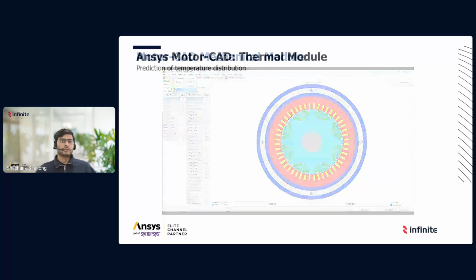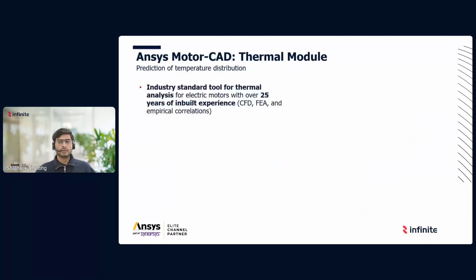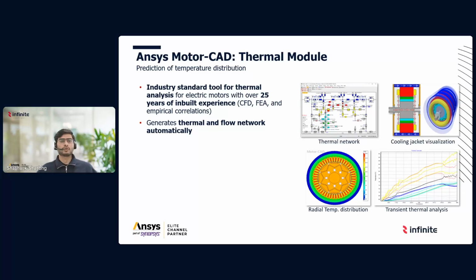And once you do this, you can go to the thermal module. The thermal module for MotorCAD is an industry standard tool. It's been built over 25 years, and there is influence of CFD, FEA, and empirical correlations based on experimental data that has been correlated to get these models. And this generates a thermal and flow network automatically.